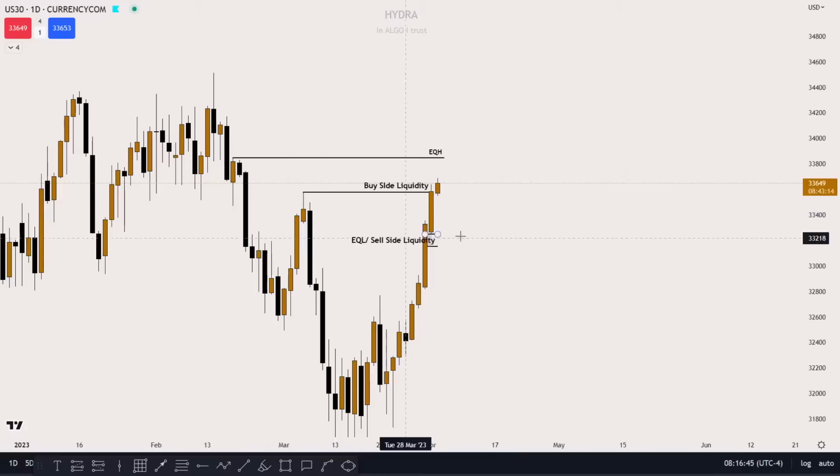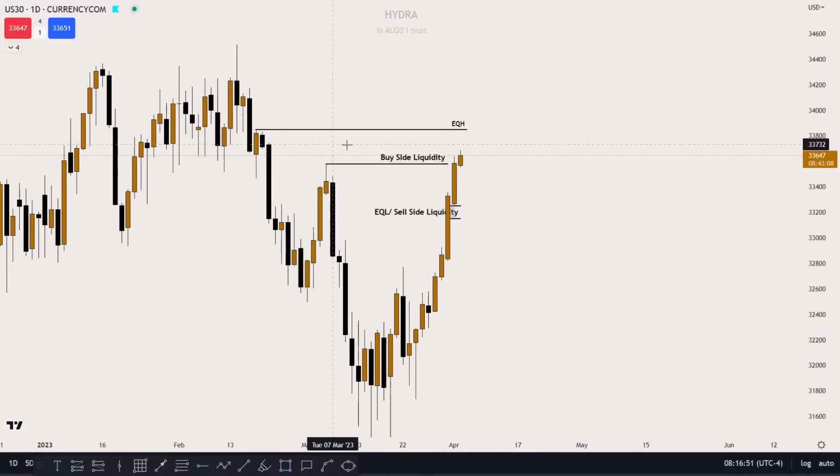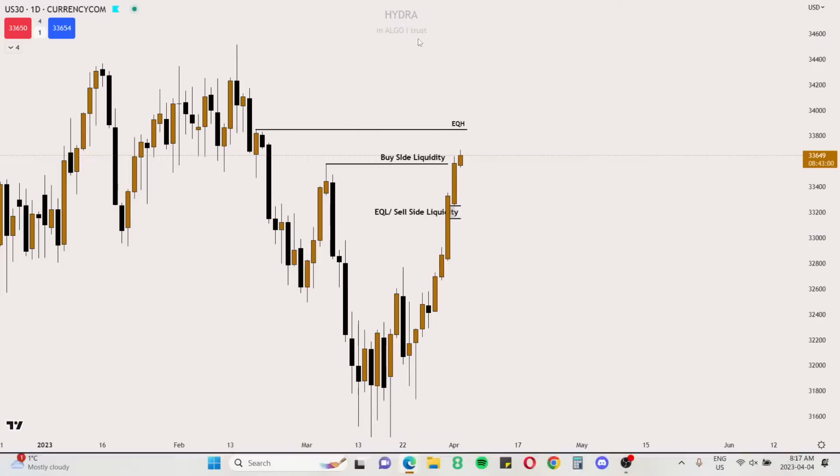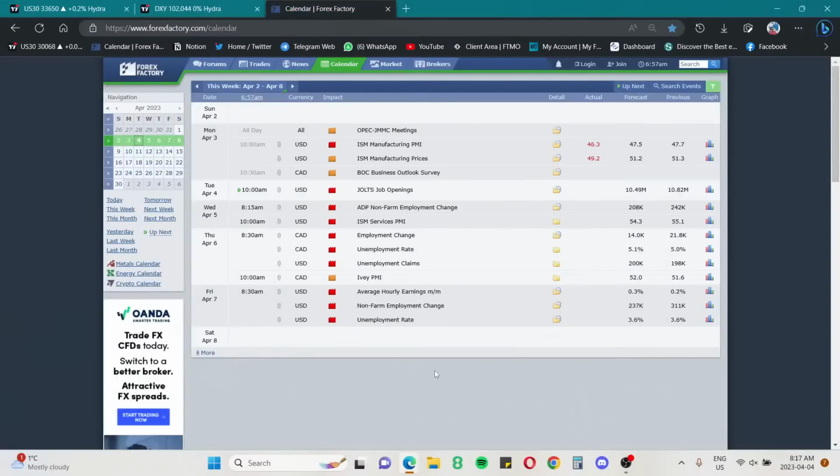We didn't see any retracement towards the downside on London session. You know what happens before a high impact news, we have NFP on Friday, right? We have non-farm employment change on Friday 8:30, and then we have 8:30 news on Thursday about unemployment claims.